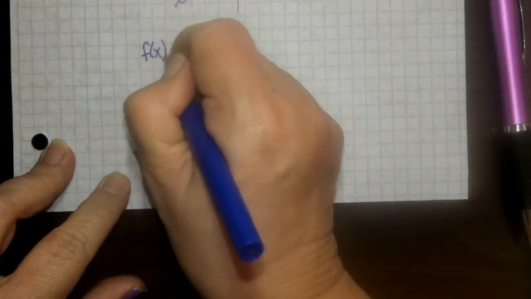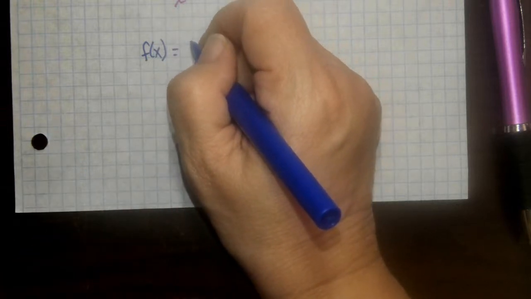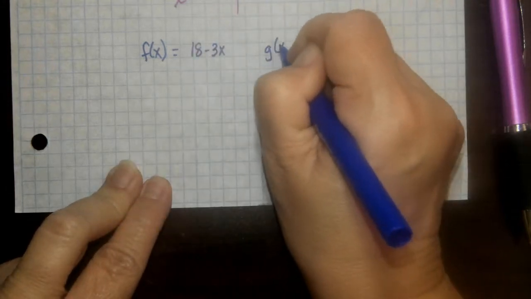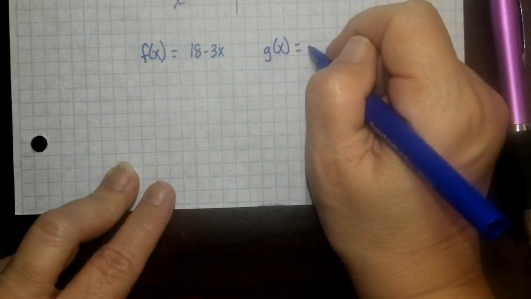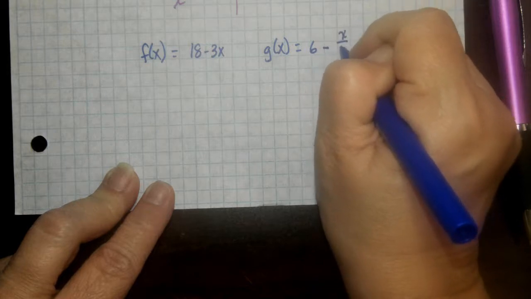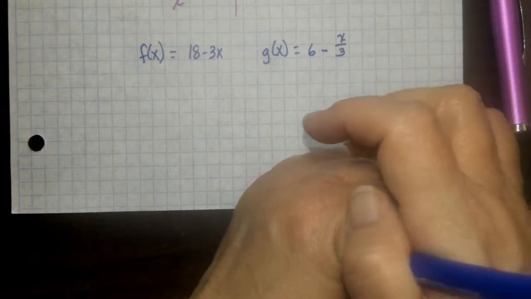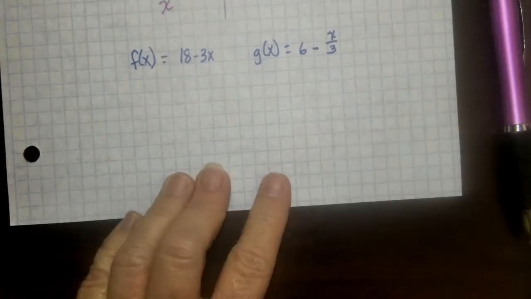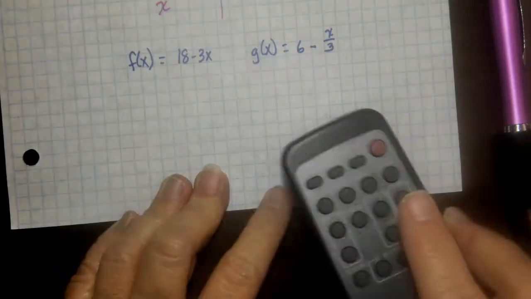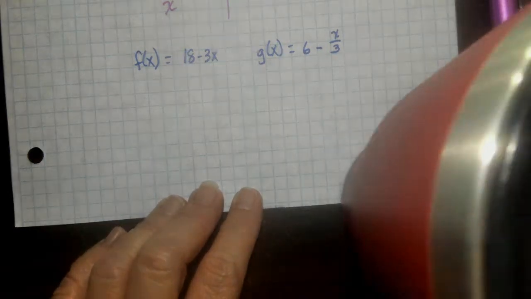F of x is equal to 18 minus 3x, and g of x is equal to (6 minus x) over 3. Your job is to prove or verify that those are inverses. All right, talk with your team.